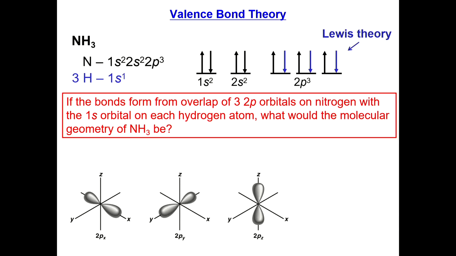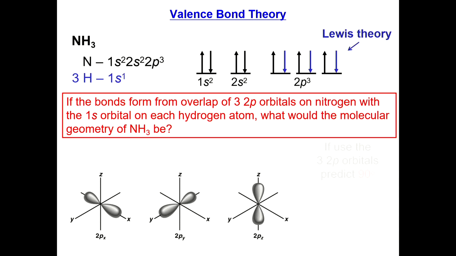Yes, 90. Because axis means the electron along the x-axis, right? Y along the y-axis, Z along the z-axis, of course. The angles between them will be 90, right?